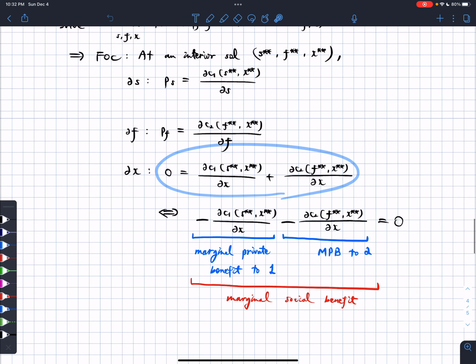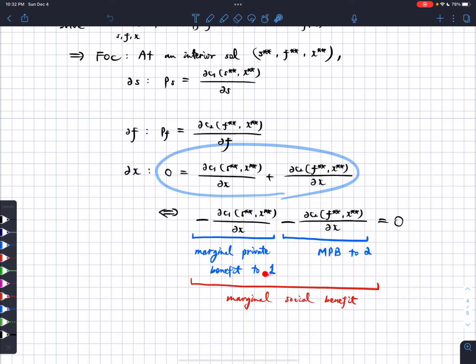And then in particular, this condition about X, remember X is the quantity of pollution produced by the merged firm, right? The first condition says zero must be true at a solution, and rewriting this, I can have this minus this much, and this one can be interpreted as the marginal private benefit of pollution to firm 1, and the second term is the marginal private benefit of pollution to firm 2.